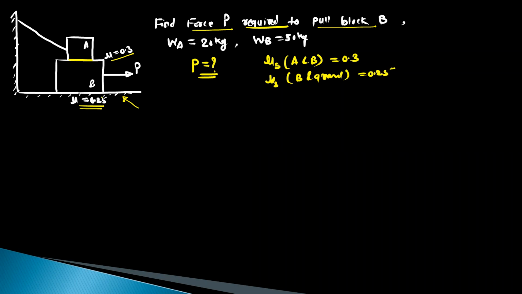So for the free body diagram, we need to isolate the block A from the block B, and we will draw two separate free body diagrams, one for A and second for the block B. For the blocks A and B, we have to decide the impending motion.